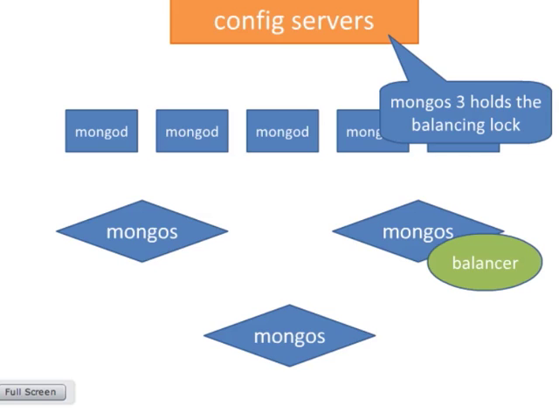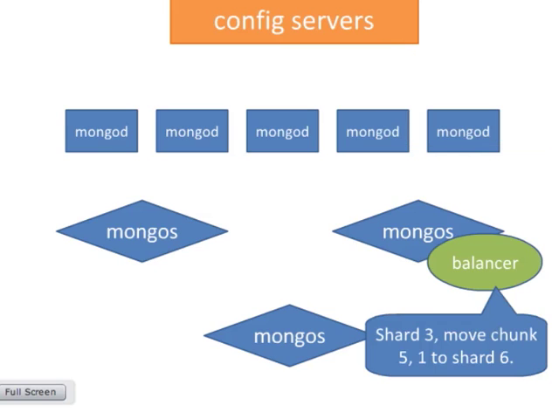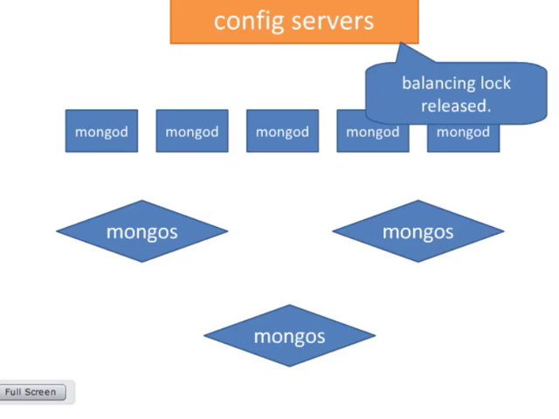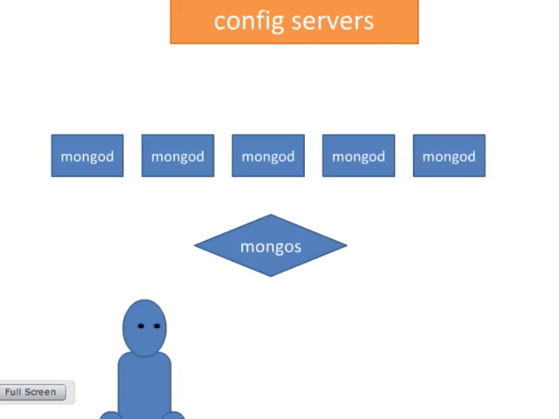Any other MongoS's trying to do a balancing round have to try again later. Once a MongoS has been accepted as a balancer, it can decide to move things around in the cluster. Once it's done, the balancing lock is released, and in a couple minutes someone else can become a balancer.